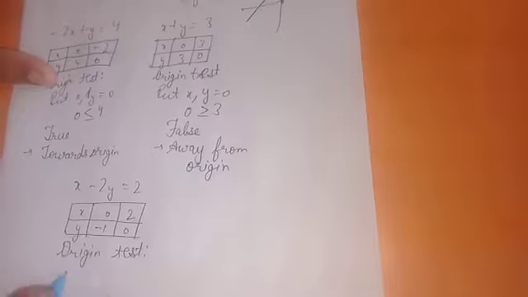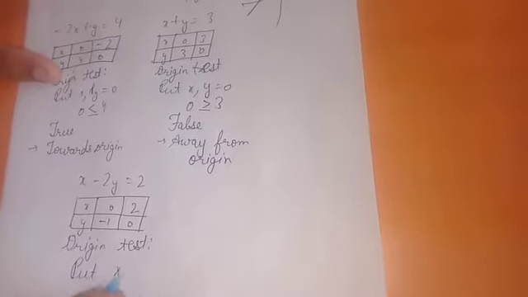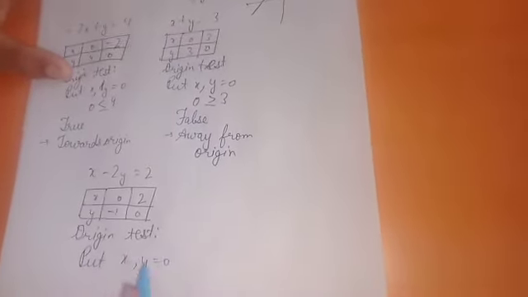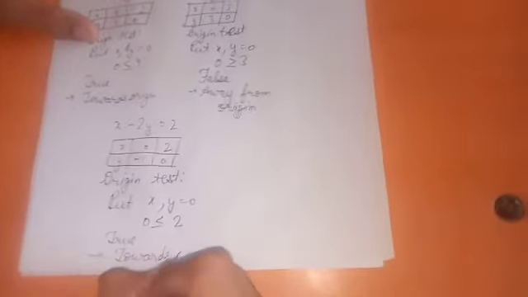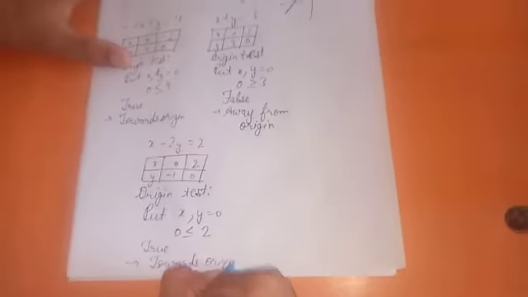Now the origin test for this: put x and y equal to 0. So we get 0 is less than or equal to 2. This is true, so the feasible region will be towards the origin.